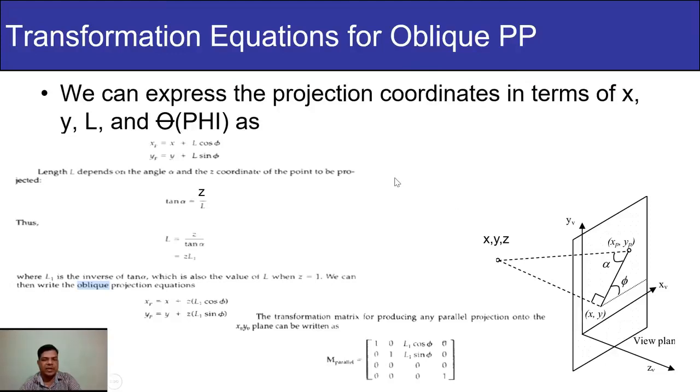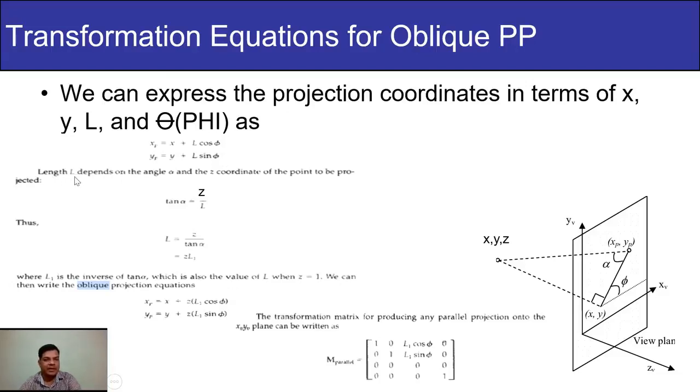So we can express the projection coordinates in terms of x, y, L and phi as xp is equal to x plus L cos phi and yp is equal to y plus L sin phi. So from the concept of mathematics, we can easily conclude that xp is equal to x plus L cos phi and yp is equal to y plus L sin phi.